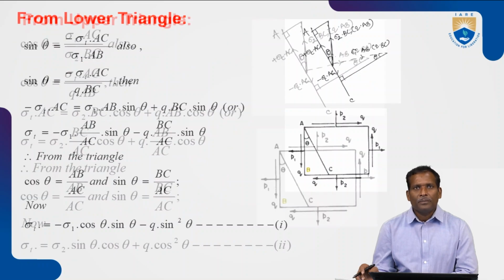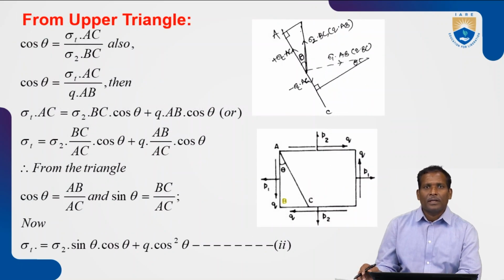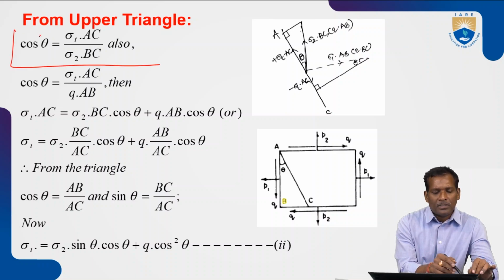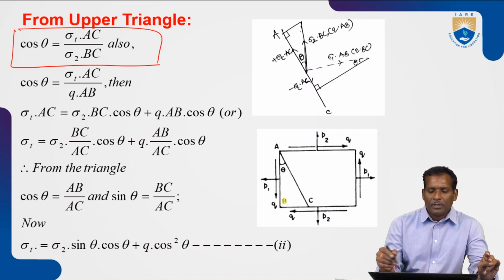So similarly, take the upper triangle and calculate the tangential stress. Cos theta is equal to, you can write like this, sigma t into AC from the upper triangle by sigma 2 BC.